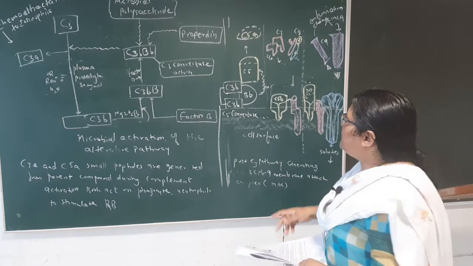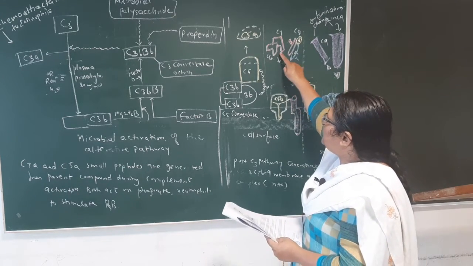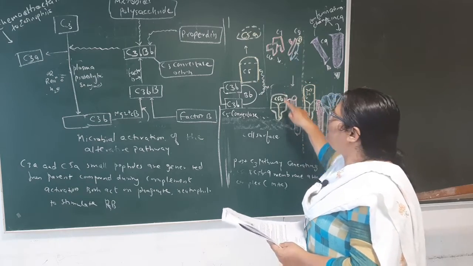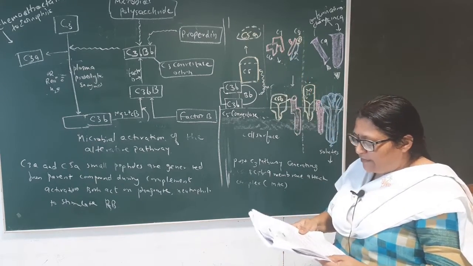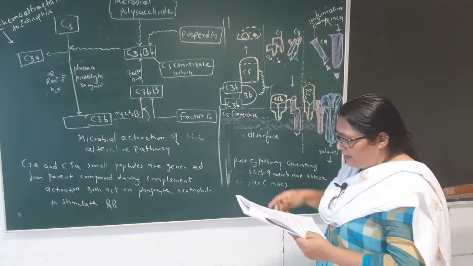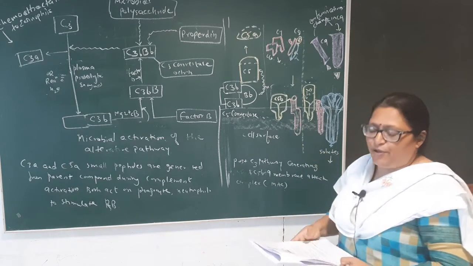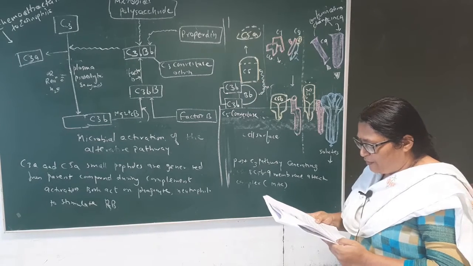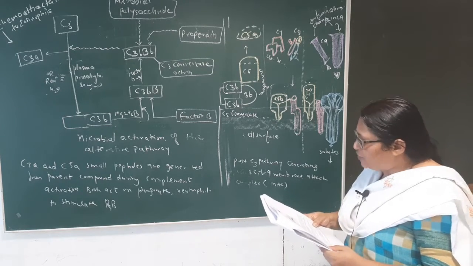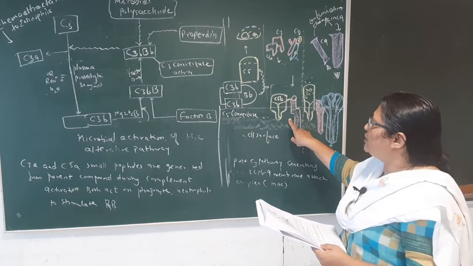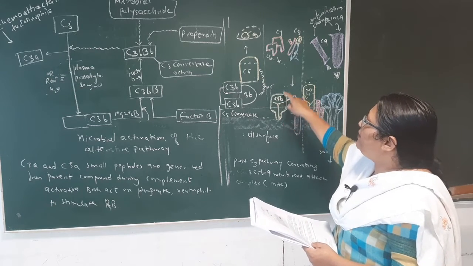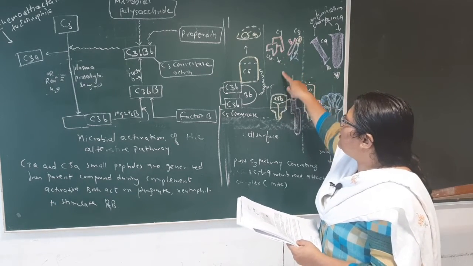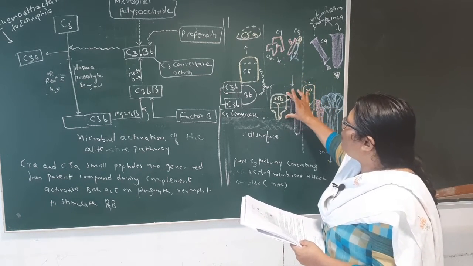Now, how are C6 and C7 responsible? What is the function of C6 and C7? C6 and C7 get joined to the C5b. Once they are joined to the C5b, this complex has two functions. C5b plus C6 and C7 form the complex.